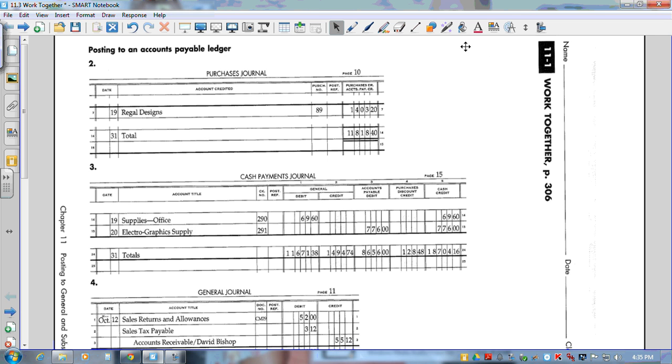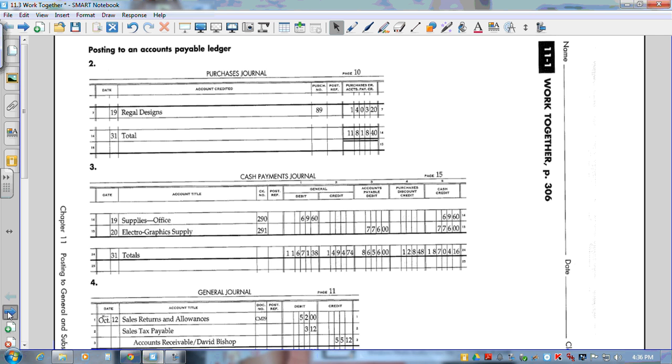There's our October 19th. This was to supplies office. So we're going to go back to our supplies office ledger. And it looks like we're posting a debit of $69.60. Now before I leave this page, I'm going to make note this is cash payments, page 15. I'm going to need to know all that information in order to fill it in. I'll need to know it's cash payments, page 15. It's the 19th. I'm looking for supplies office, and it's a debit for $69.60.